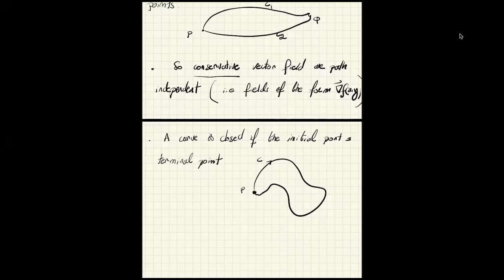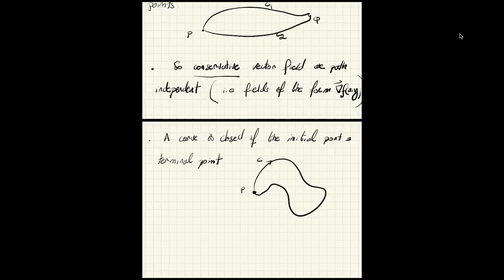We will now investigate the question of when a vector field is path independent or not. The first step will be to give an equivalent definition of what we mean by path independent.